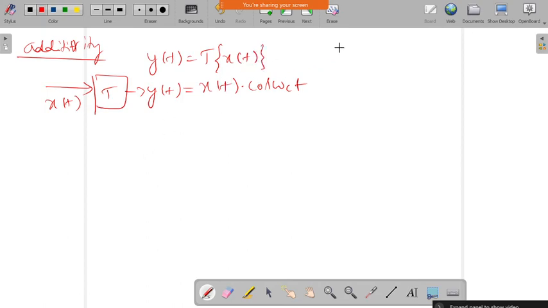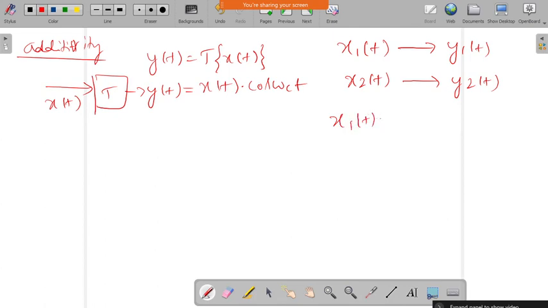Now if x1 of t produces y1 of t, and x2 of t produces y2 of t, then if I combine these, x1 of t plus x2 of t given to the input of the system, the output should be the addition of the individual outputs, that is y1 of t plus y2 of t. So now let us do that.